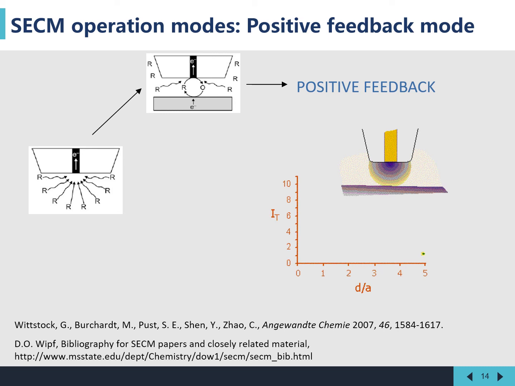So let's have a close look into positive feedback mode. As I just mentioned before, in bulk solution, the diffusion of R is hemispherical. If the probe is approaching a conductor or an active surface, the R can be regenerated by the substrate, and therefore, on your right-hand side, the approach curve of a positive feedback mode is like this.